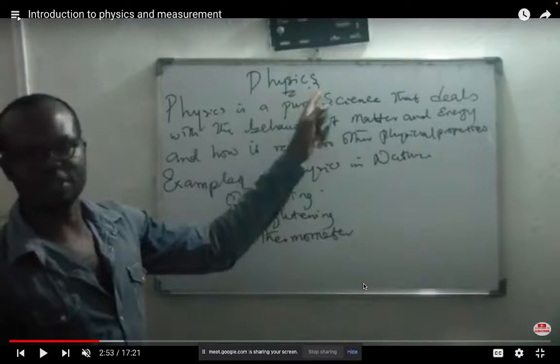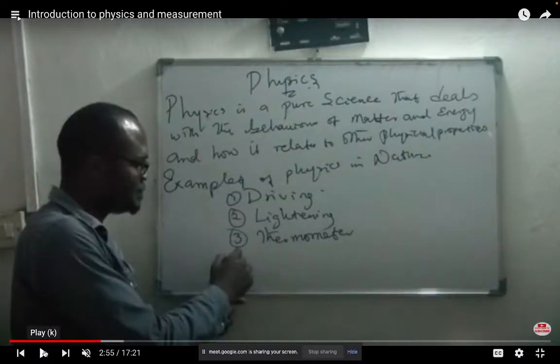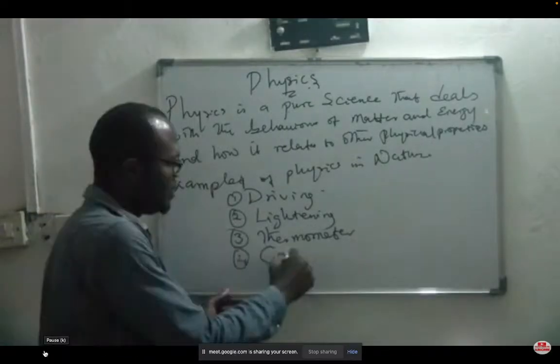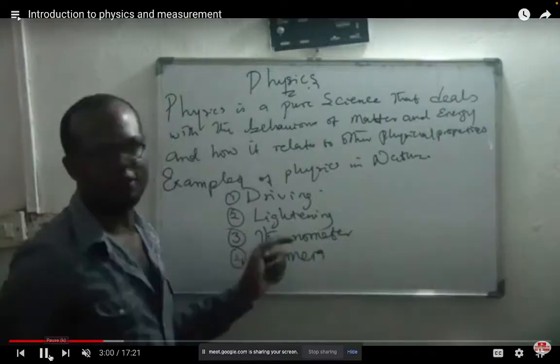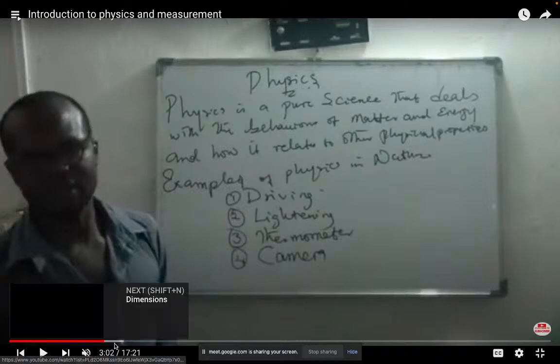Examples of physics in nature include driving, lightning, and the thermometer. So you need to know this. Also, how your camera works is also physics. So this learning outcome is completed.